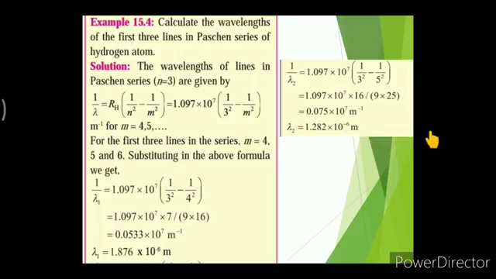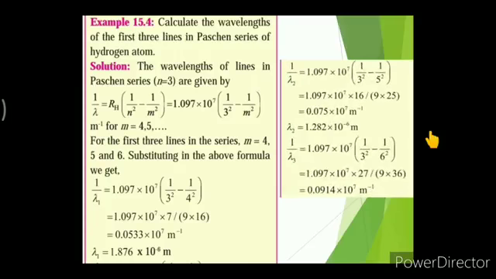After determining the wavelength of the second line in the Paschen series, let's determine the wavelength of the third line in the Paschen series. For this, the value of m we have to take as 6, and the formula would become 1 upon lambda 3 is equal to 1.097 into 10 raised to 7 in bracket 1 upon 3 square minus 1 upon 6 square.